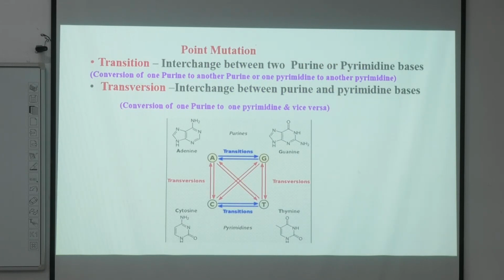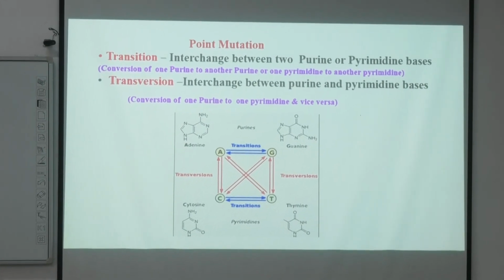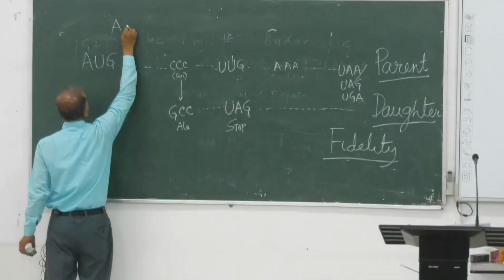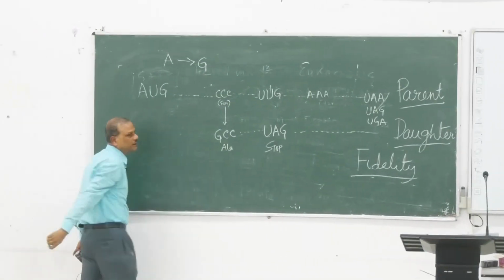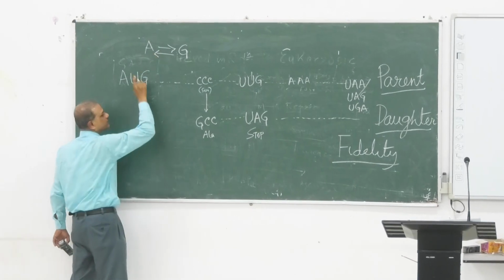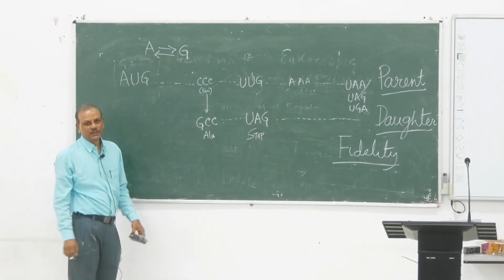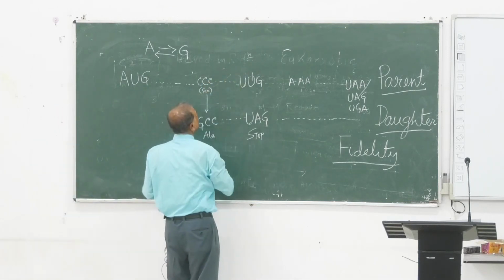See, in a coding sequence, what happens? If A is converted to B, that is a unique to unit change, that is constant. What is unique to unit?